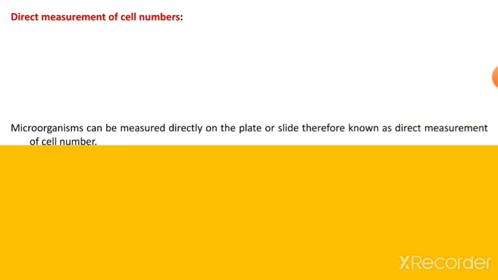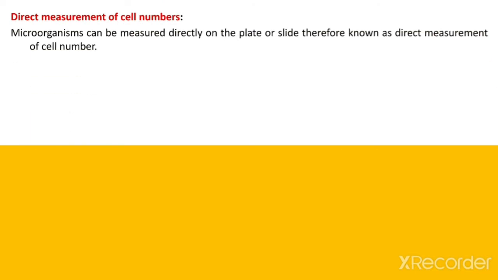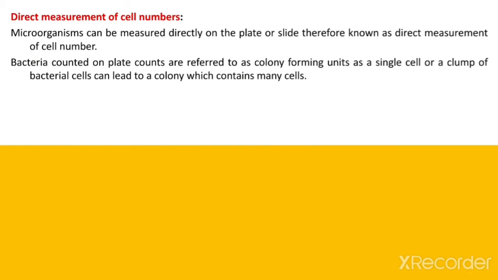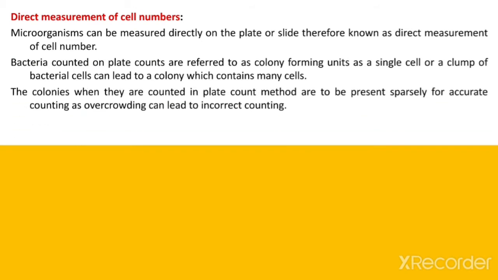The next method is the direct measurement of cell numbers. Microorganisms can be measured directly on the plate or slide, therefore it is known as direct measurement of cell number. Bacteria counted on the plate are referred to as colony forming units, as a single cell or a clump of bacterial cells can lead to a colony which contains many cells.